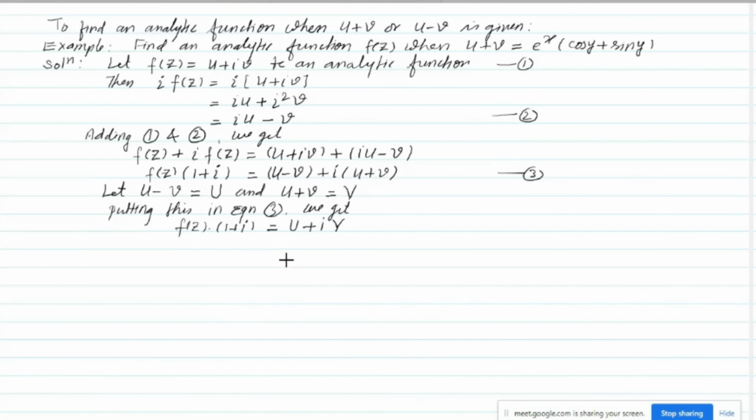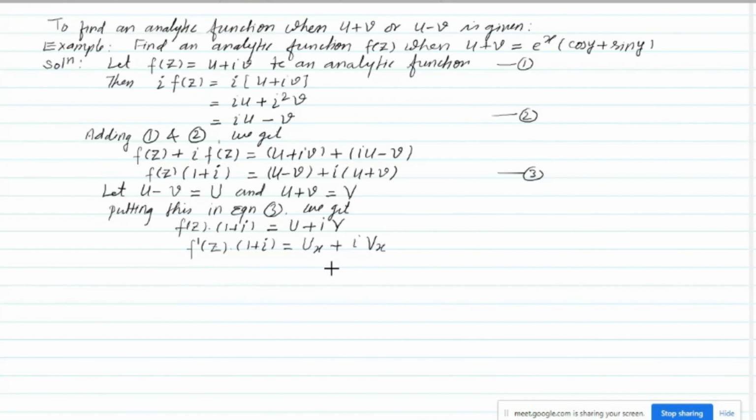Now what do I have to do? We will differentiate this function with respect to x. So differentiating, f dash of z into (1 plus i) equals Ux plus i times Vx. Okay.